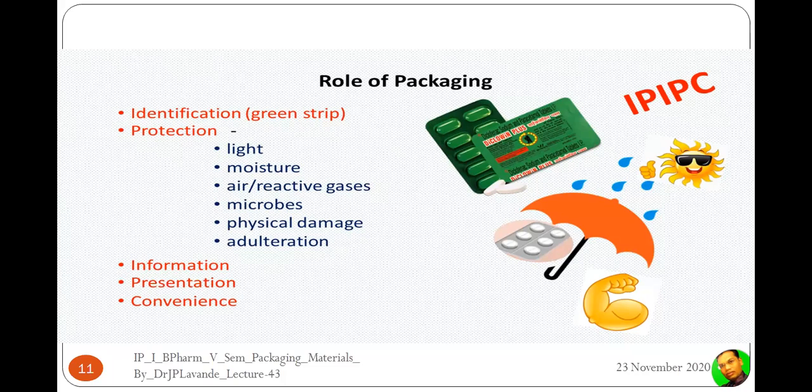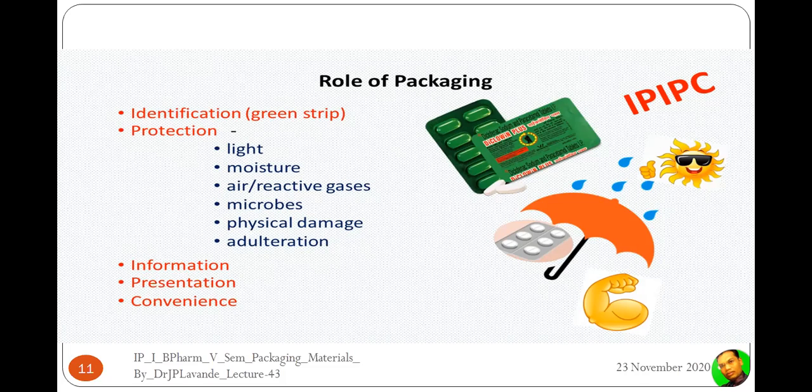It is going to be protected from the effect of light. Let's say, for example, if coloring material is added into products like tablets, that color may become faint when exposed to light. The material may contain moisture or hygroscopic substances, which will absorb the moisture and liquefy.